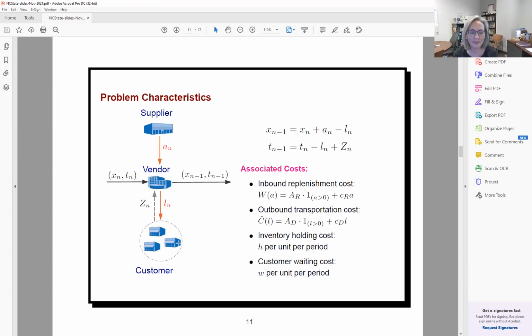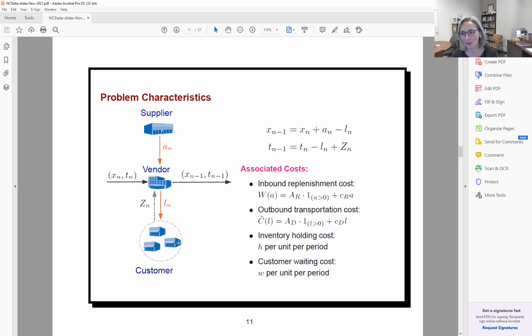The vendor sends shipments. The vendor is responsible for the outbound dispatch scheduling problem and incurs an outbound transportation cost associated with this operation. I denote this cost function by capital C tilde.